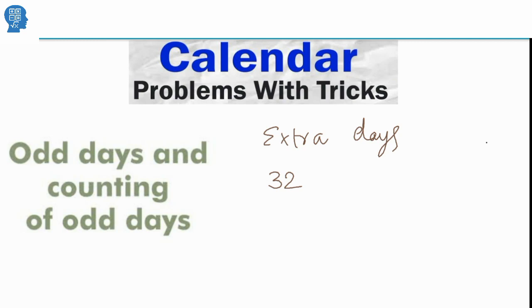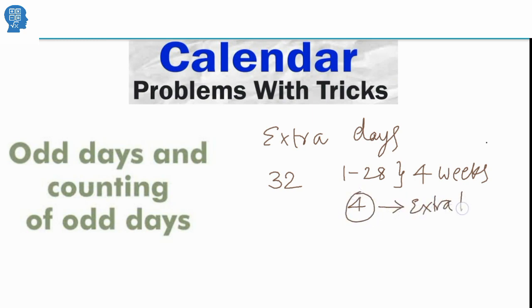So 1 to 7 forms the first week, 7 to 14 the second week, 14 to 21 the third week, 21 to 28 the fourth week. So 1 to 28 makes 4 complete weeks. Extra we have 4 days. These are called extra days, and these extra days are known as odd days.